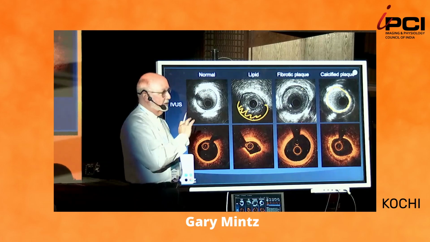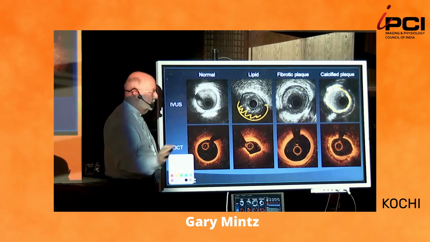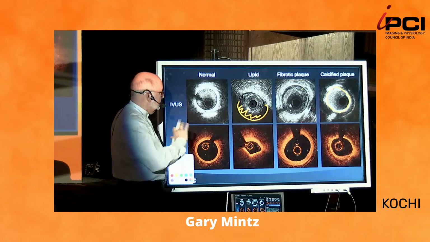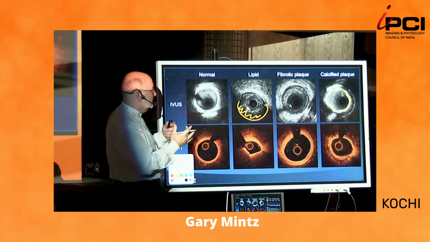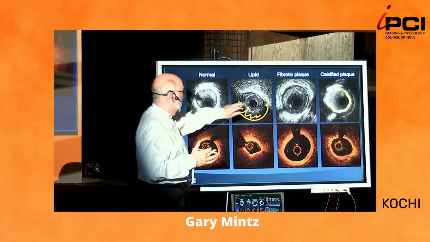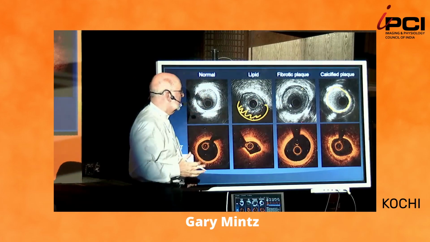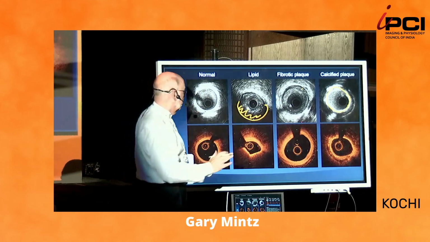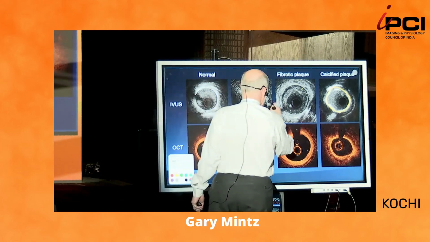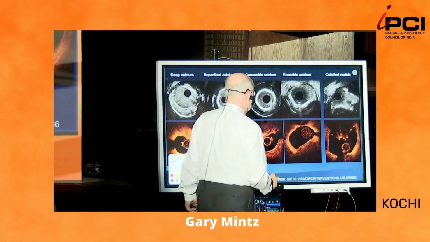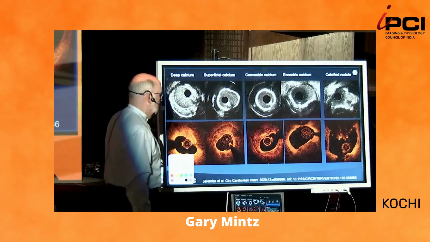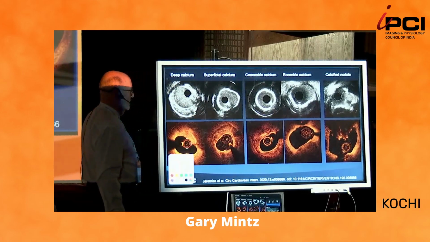Don't try to diagnose fibrotic plaque. Don't try to diagnose lipid in the absence of attenuated plaque, because the crossover of hyperechoic to hypoechoic plaque is huge and unreliable. Okay. So hypoechoic area without a hyperechoic line means it's lipid?